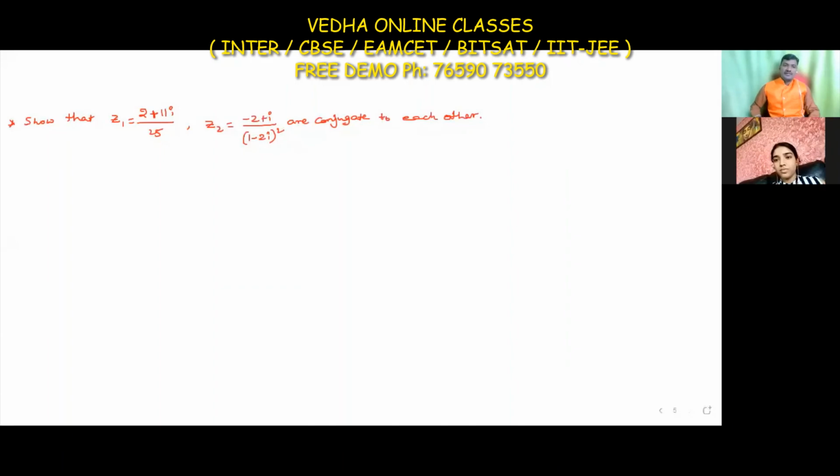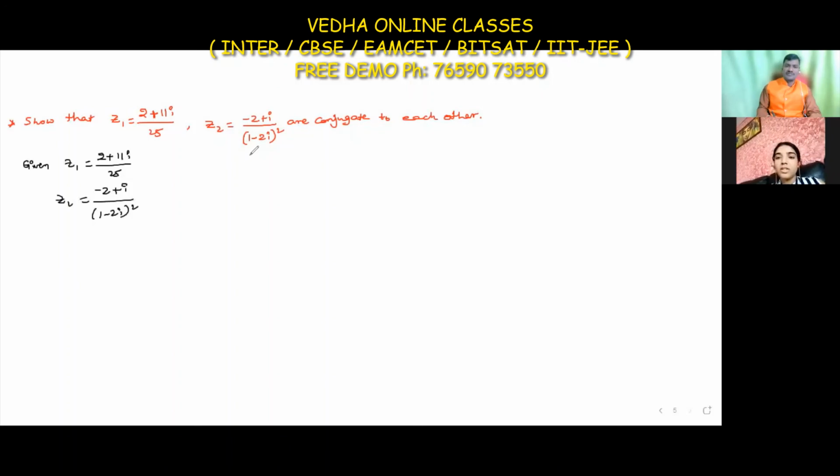Here, Z1 and Z2 are the given two complex numbers. Z1 is (2 plus 11i) divided by 25. Now, what is Z2? Z2 is (minus 2 plus i) divided by (1 minus 2i) whole square. Here, what is the concept of conjugate?